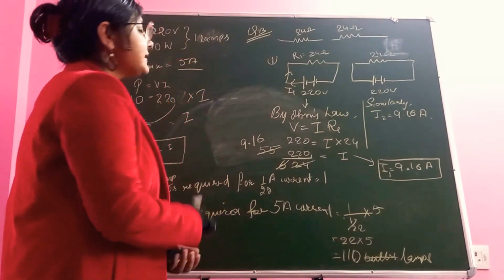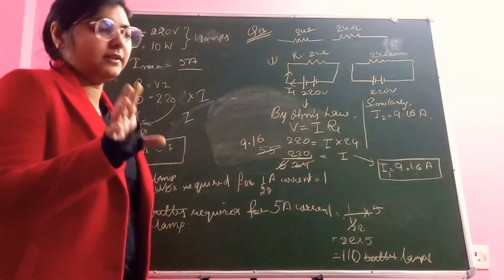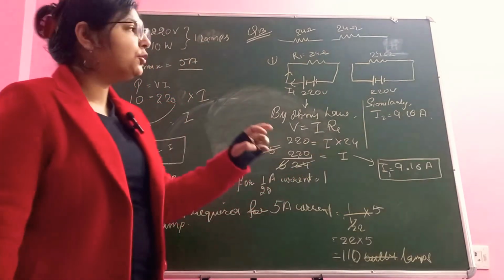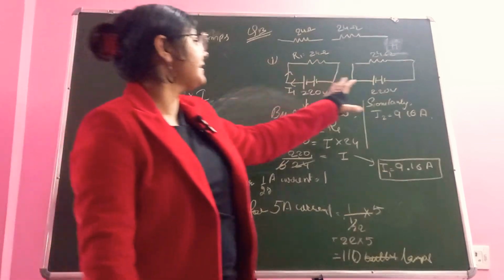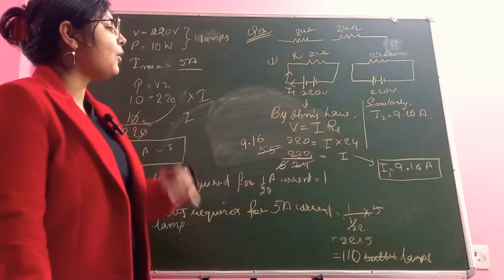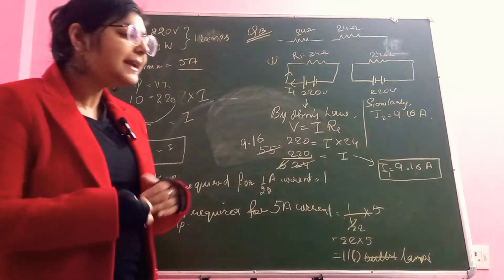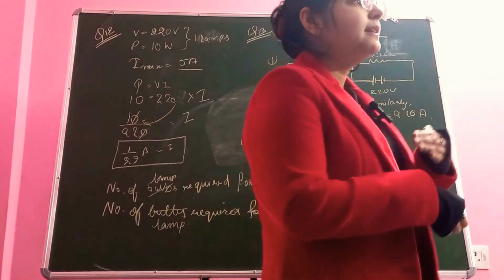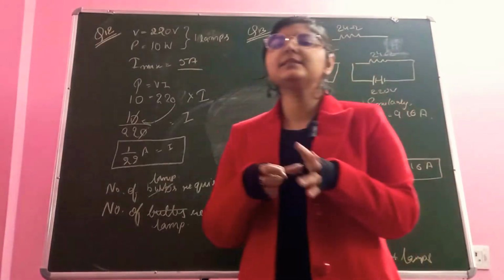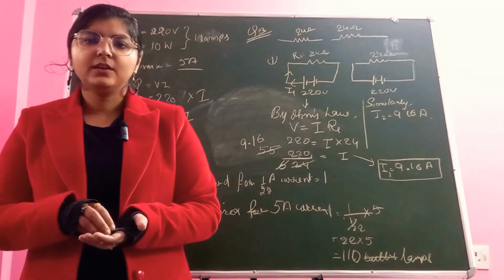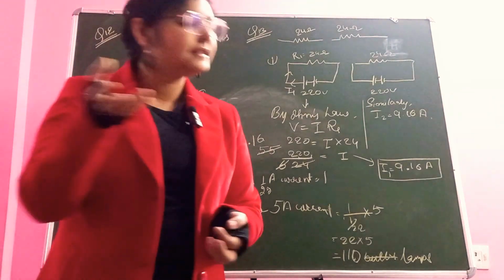So this is the first condition given in the question. The question says that if the two resistors are connected separately, then what will be the current? So we calculated it. Now in the next part the question says that if we connect these two resistors in series, then what will be the current? We'll see that, but first take the screenshot of it.